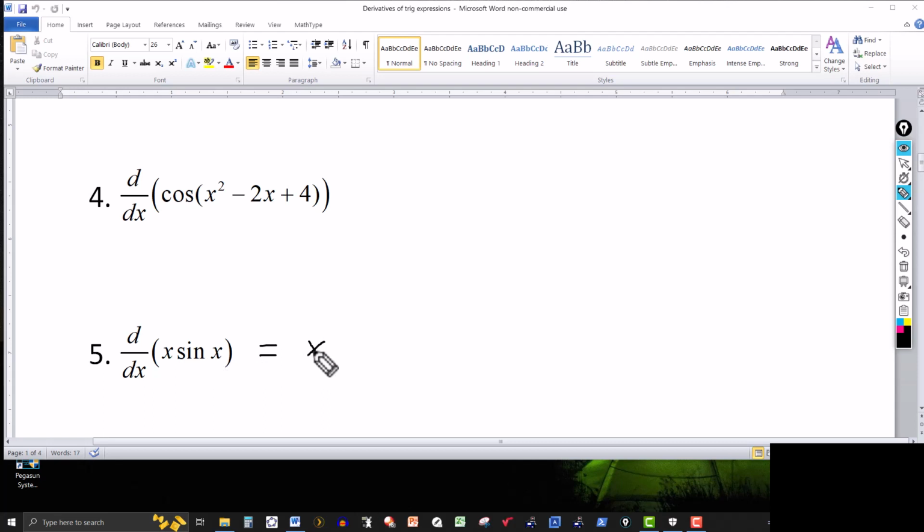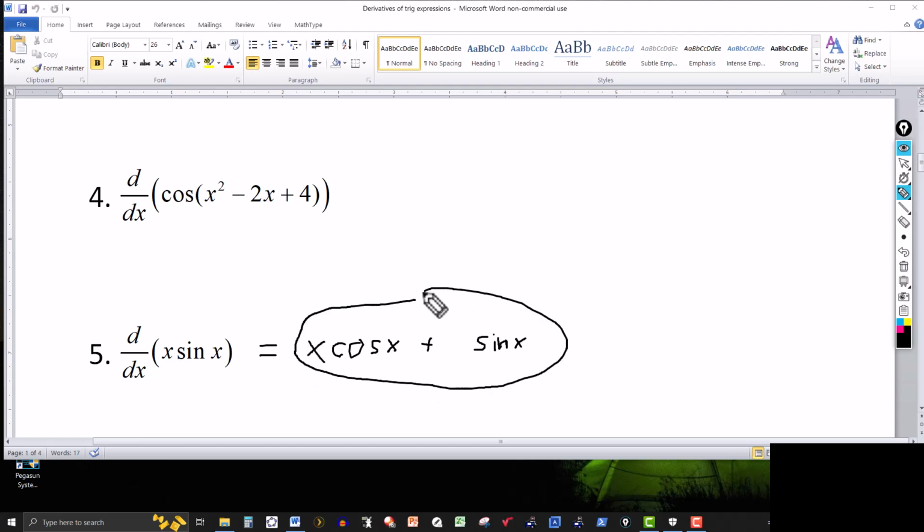The derivative of sine x is cosine. And then it's the second function, which is sine x, times the derivative of the first, where the derivative of x is 1. So that just leaves you with sine of x. So we've got x cosine of x plus sine of x. And that's your derivative for that one.